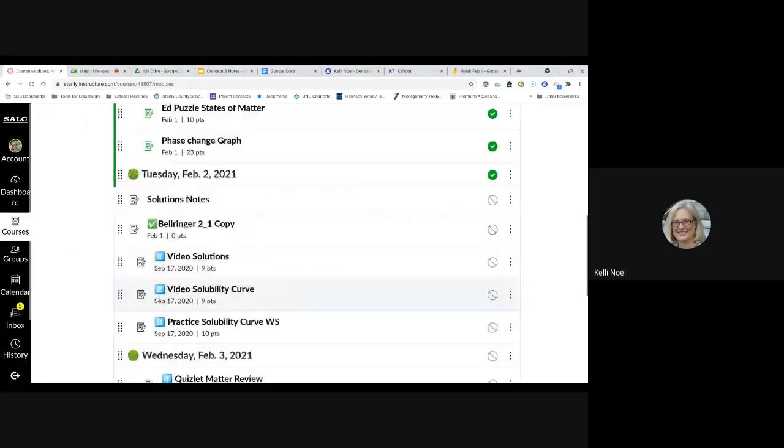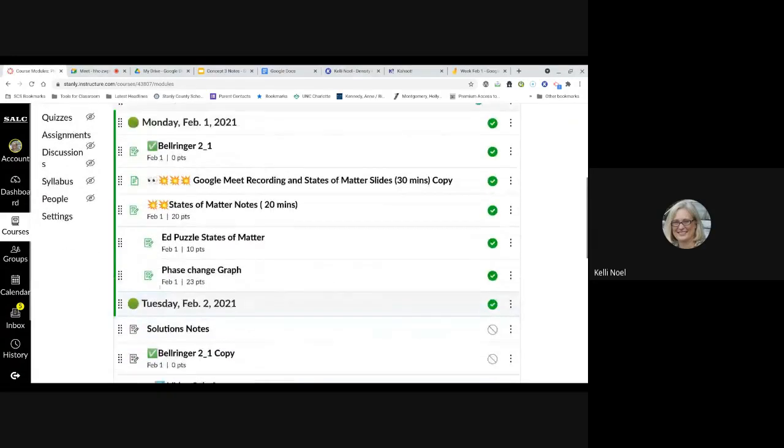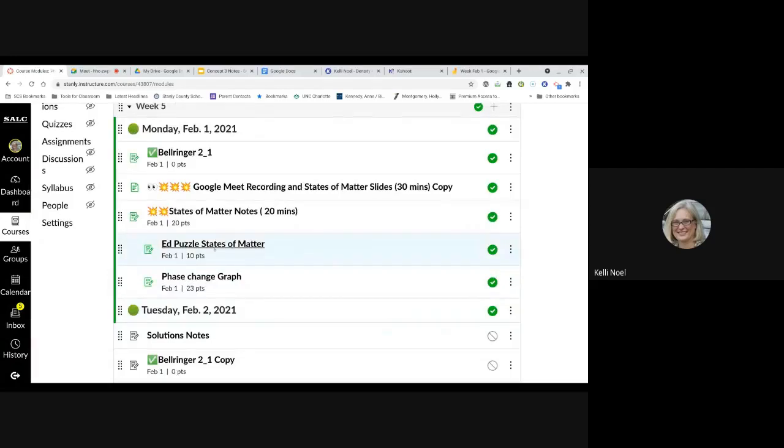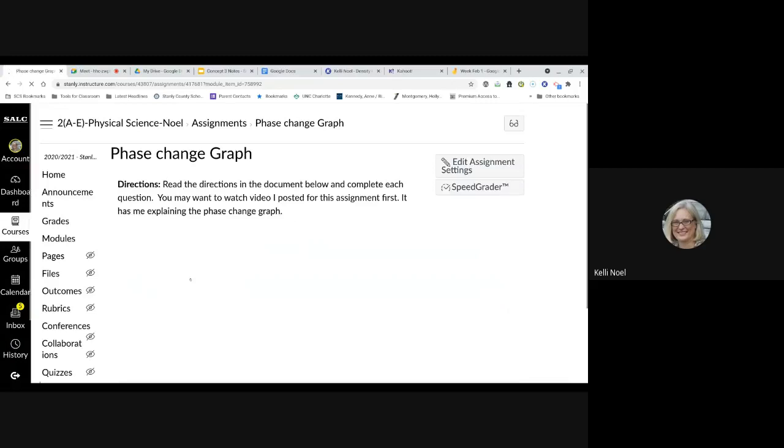All right, there is a video here that you'll need to watch, and then here's the phase change graph. I'm gonna give you a paper copy.